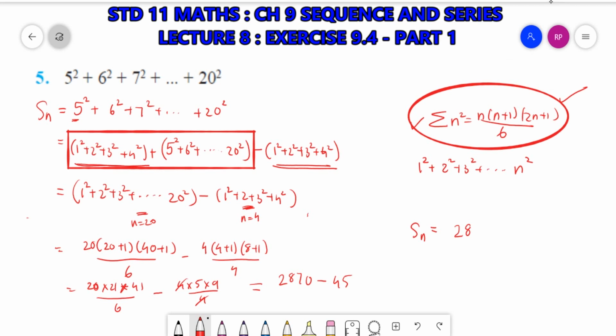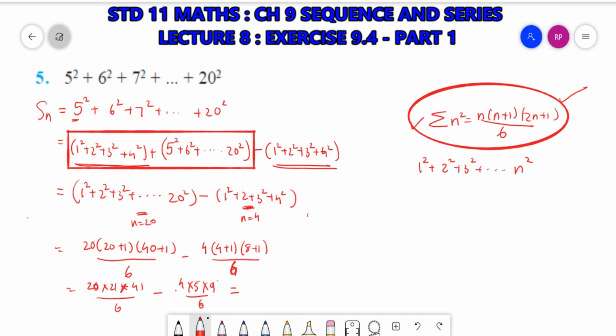See here, there is one mistake. Here it will be 6, so 4 will not get cancelled. Okay, let me change it. This will be 4 into 5 into 9 by 6.